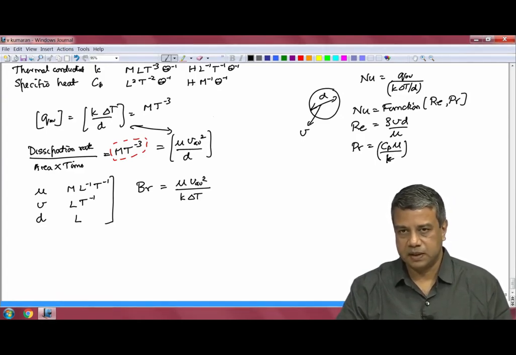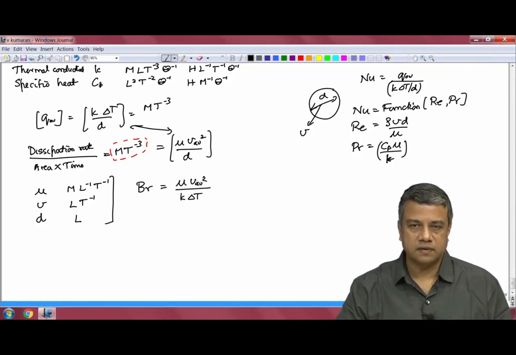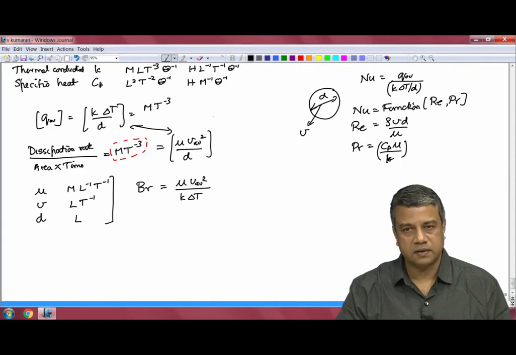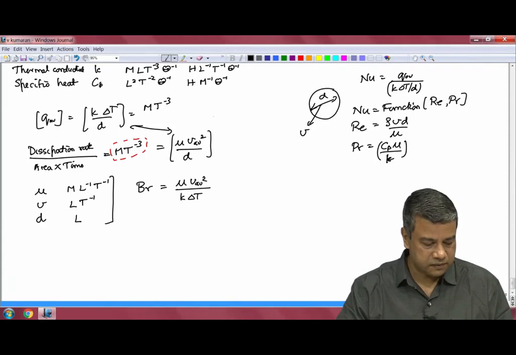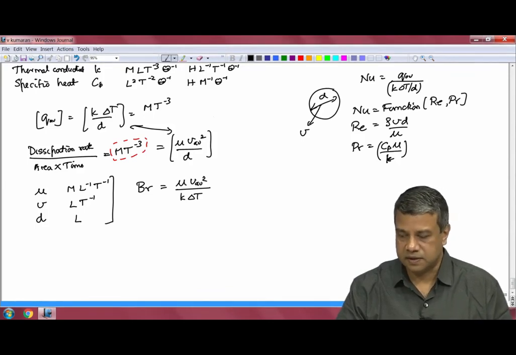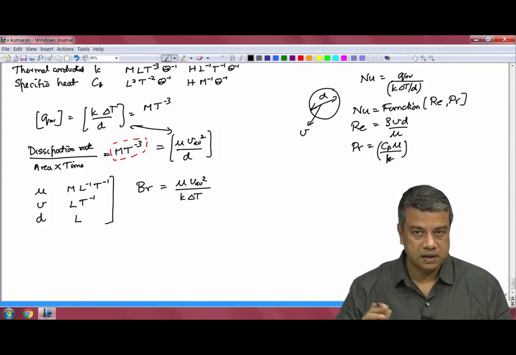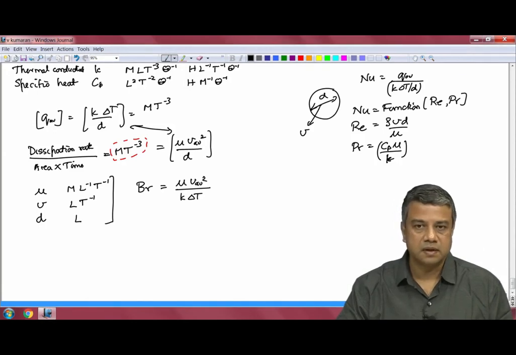And if the Reynolds number is small, then the flow around the particle has no effect on the heat transfer rate, and therefore, in this case, just as we had said that the Sherwood number is equal to a constant in the case of the flow past a particle, the equivalent condition is that the Nusselt number is a constant.